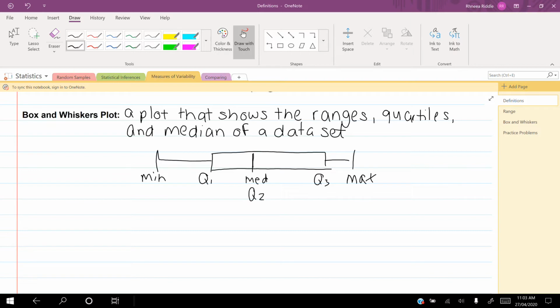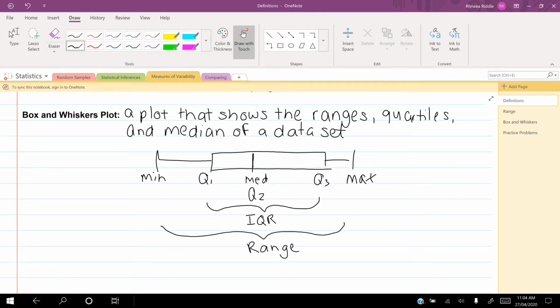So the distance between quartile 1 and 3, or the difference between the two, is the interquartile range, usually written as IQR. So that box shows you the IQR, or the interquartile range, while the whole thing from minimum to maximum shows you the difference between the largest and the smallest number, or the range.